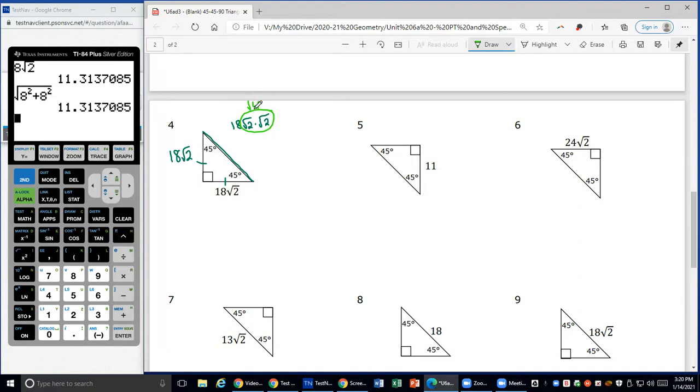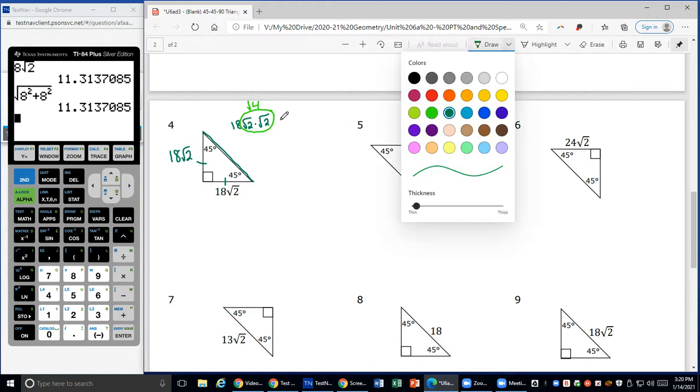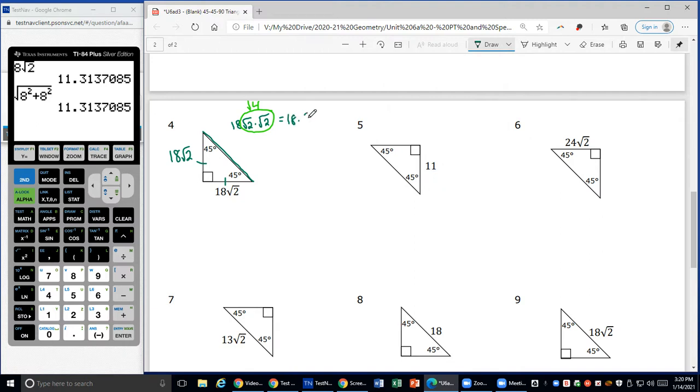Which means that's just 2. So really I have 18 times 2, and that is 36. Again, notice it's just kind of like that coefficient multiplied by 2. Okay, so 18 square root of 2, 18 square root of 2, and then you multiply it and get 36.